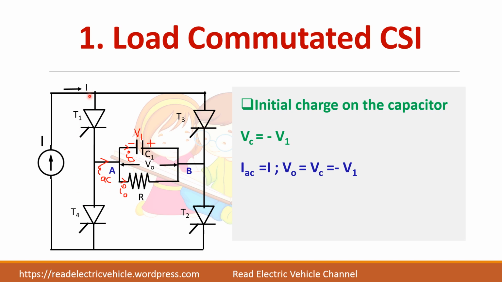When T1 and T2 are conducting, the current through this one will be equal to I. So IAC is equal to I, and the output voltage V0 is equal to the capacitor voltage, that is equal to the initial charge on the capacitor. So that is equal to minus V1. And what is I0? This is a resistive load, so V and I are in phase. So I0 is equal to V0 by R. So that we can write it as minus I1.